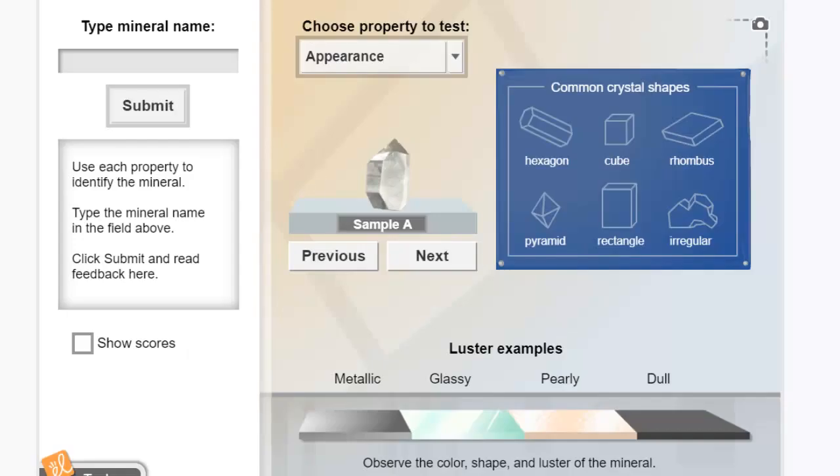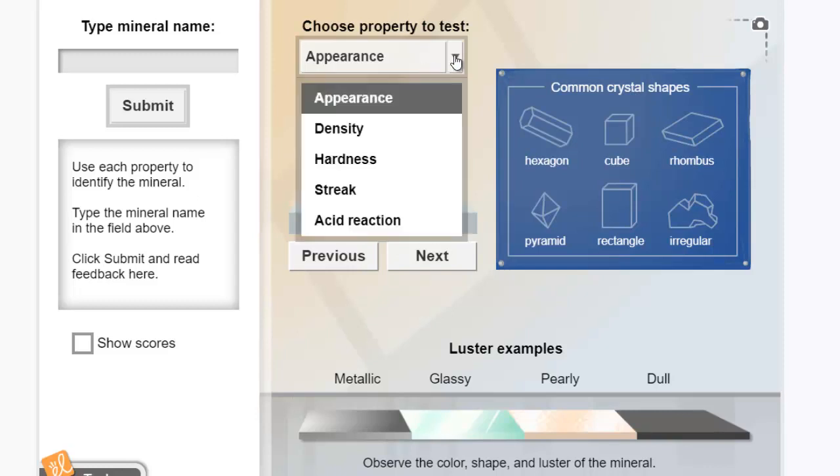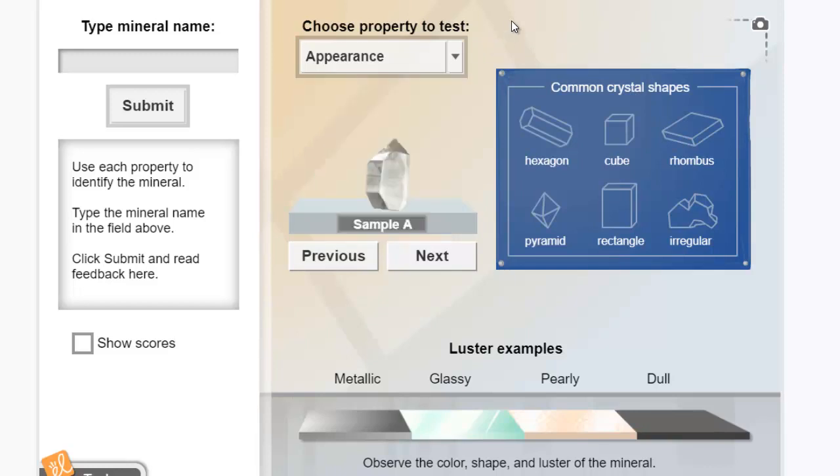Let's go back to the lab. The area on the left you do not need to use, so you can ignore it. What you will be using are the sample crystals and minerals on this block, going through the different properties for each mineral.